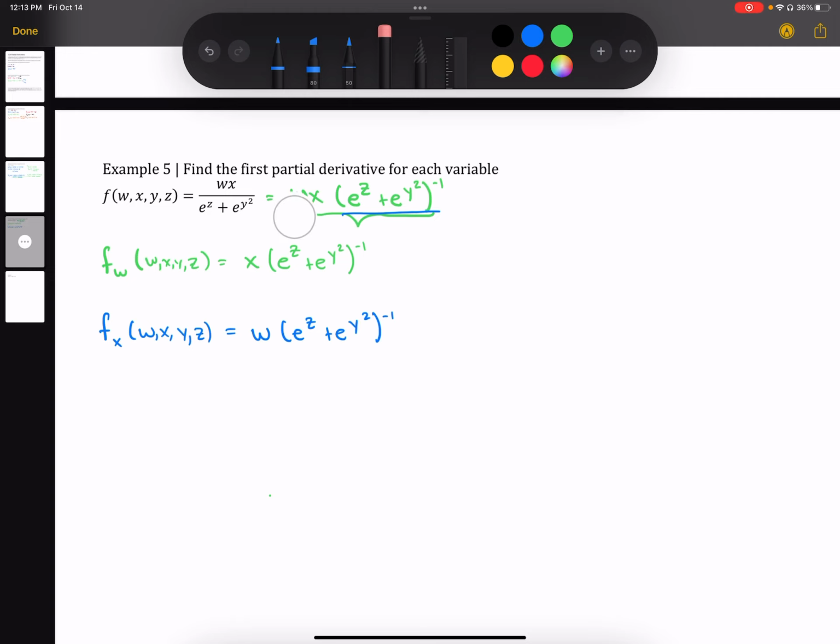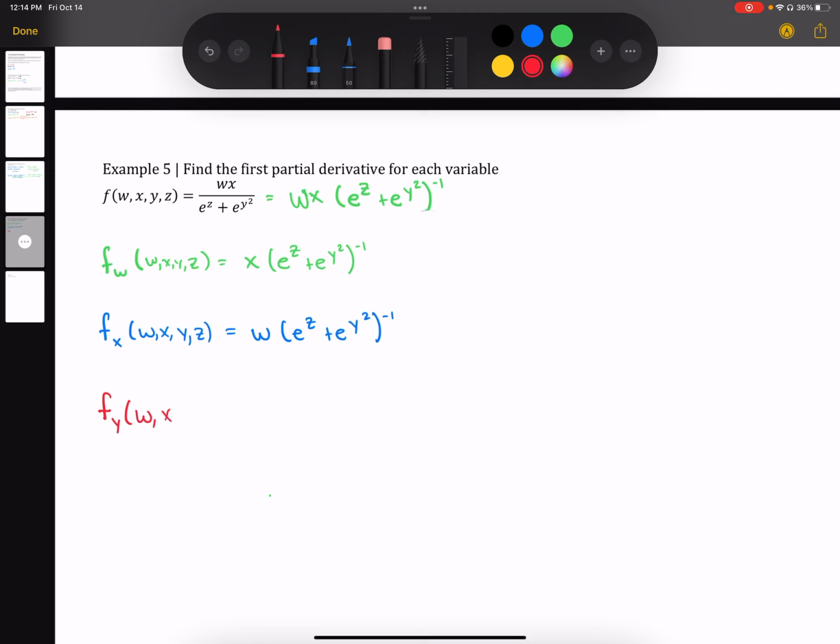Now for our partial derivative with respect to z and y, we're going to have to do the chain rule because our problem gets a little more involved. So let's say we do the partial derivative with respect to y in red.